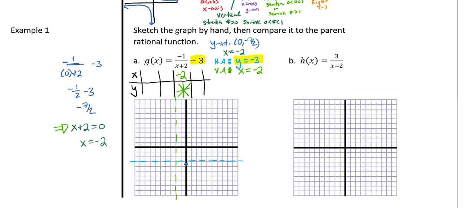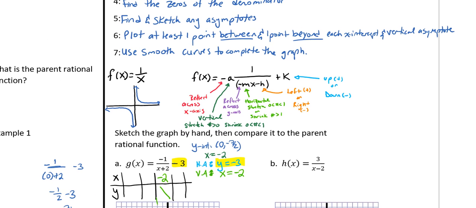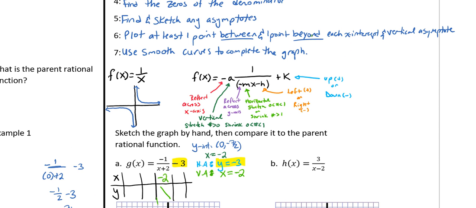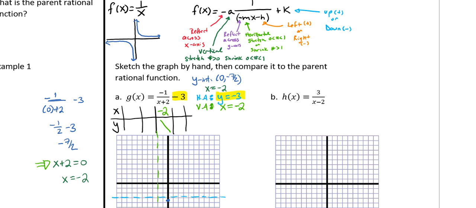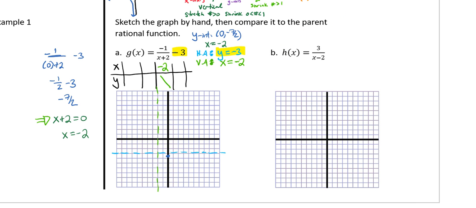That's going to be an empty space. Now we're told, come back up here, that we need to have at least one point between and one point beyond each x-intercept or vertical asymptote. Now we don't have an x-intercept, because remember that x is actually not allowed to equal -2 because it's in the denominator.